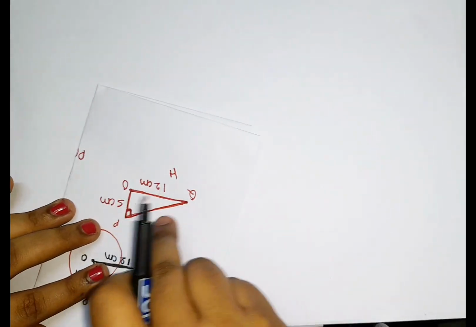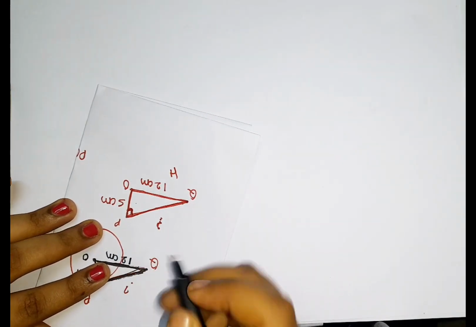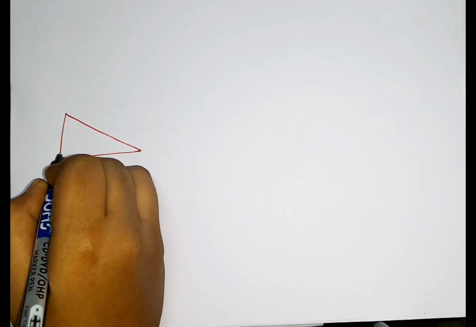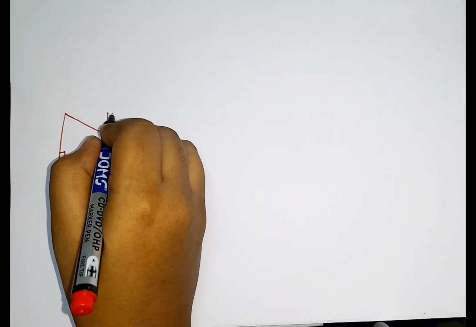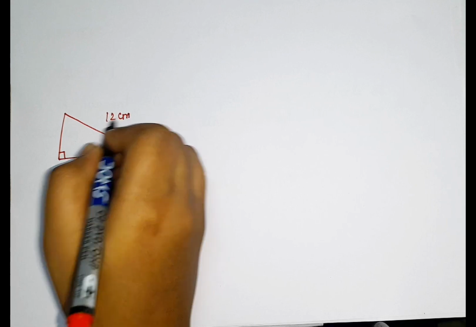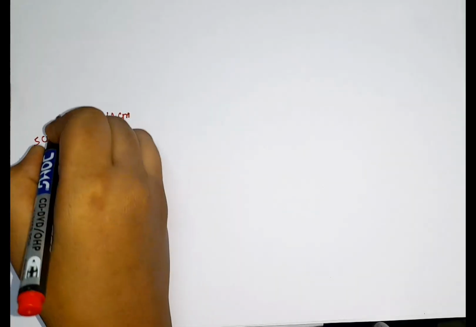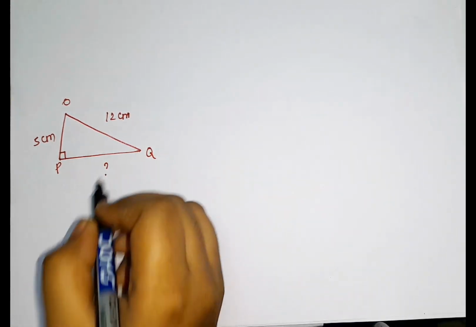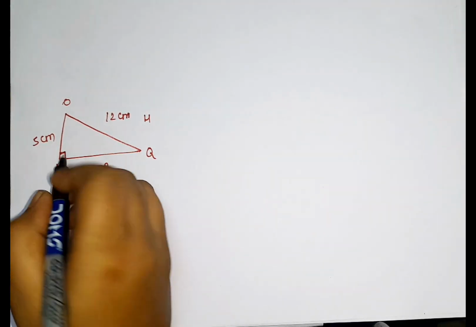Since we don't know this part, we are going to find it. If you want, I will draw the triangle here. Here it is 12 centimeter, here 5 centimeter, with O, P, Q, and here the question mark. This is the hypotenuse opposite to 90 degrees.